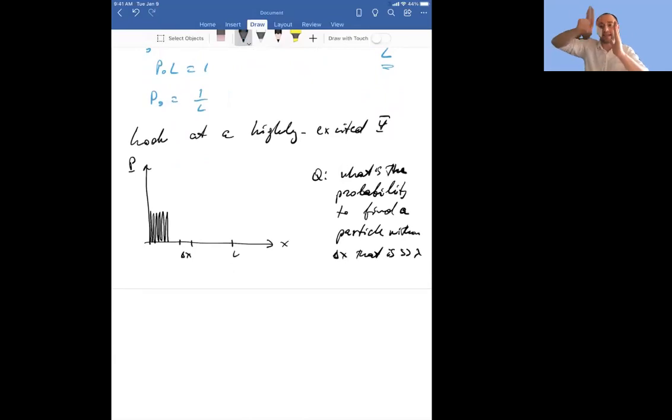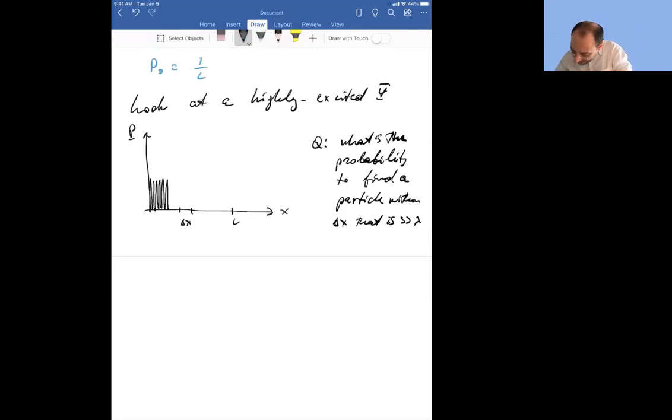So it includes many cycles. And again, delta x could be set by the resolution of the measurement instrument. Let's say your measurement instrument doesn't have an infinite resolution. It can only say plus or minus a millimeter. So the best that the measurement instrument can identify where the particle is within a millimeter. It just cannot do any better. So it makes sense to ask such a question.